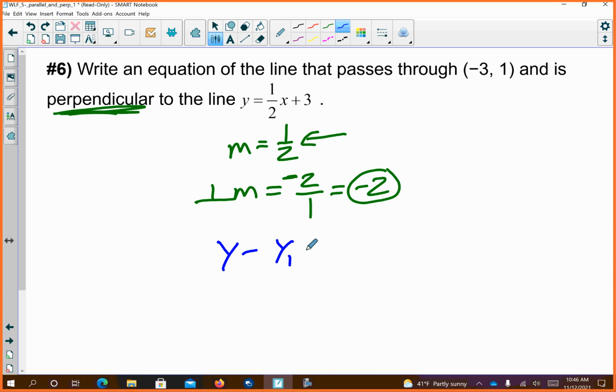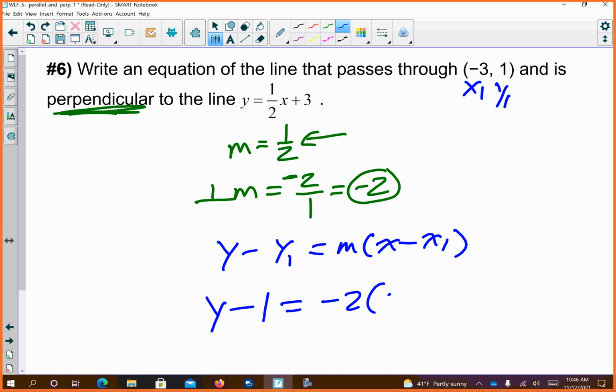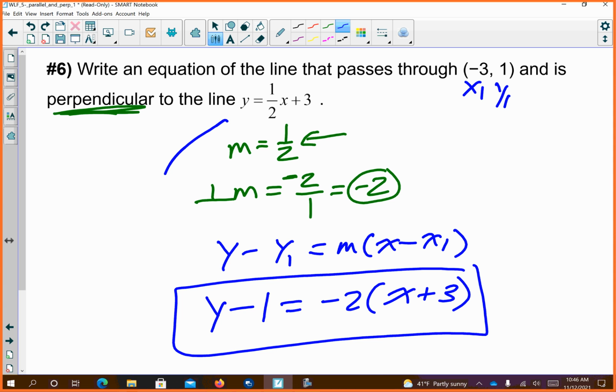All right, I'm going to use my point slope equation. This is my x1, this is my y1. So I get y, that was a positive 1, it's now going to be a negative 1, negative 2. It was a negative 3, it's going to be a positive 3. This line is perpendicular. It also contains the point negative 3 comma 1. So perpendicular, it's going to cross. The crossing forms a 90-degree angle when it crosses.